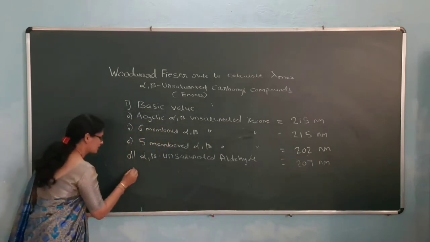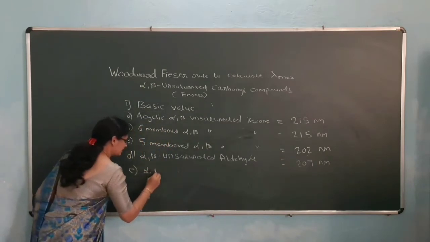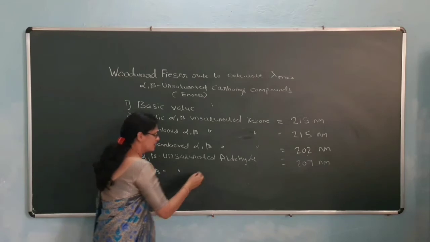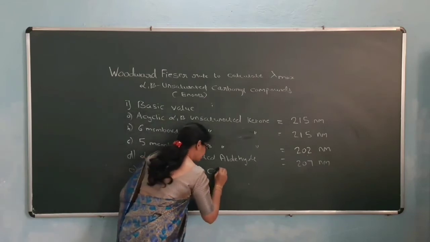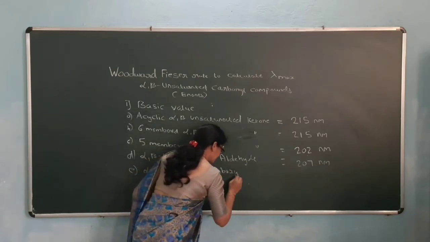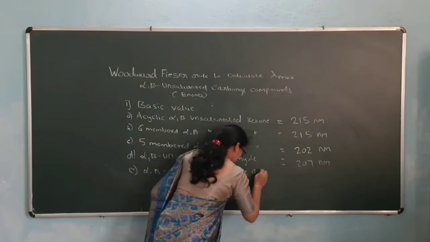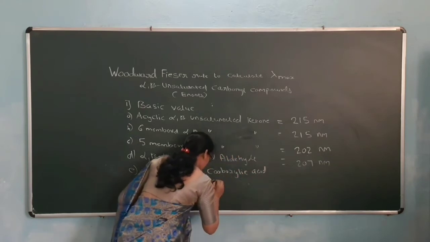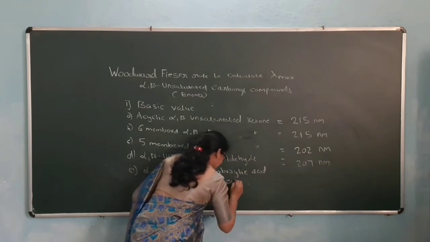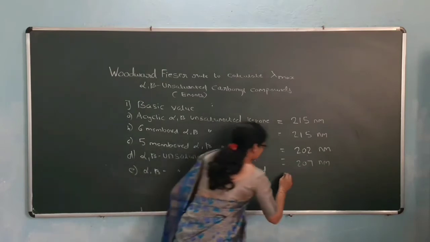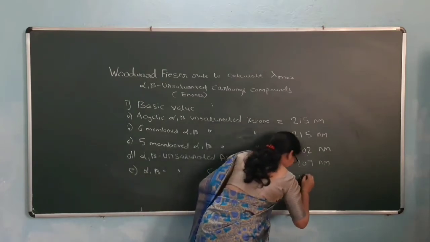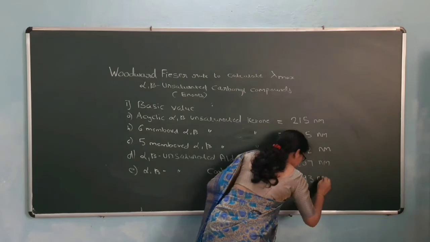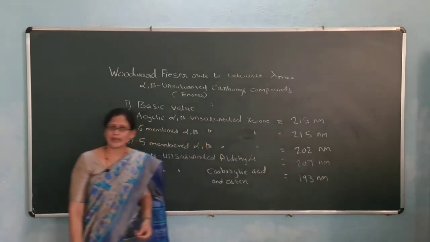The last one, if it is an alpha beta unsaturated carboxylic acid and esters, the value is 193 nanometer. In some books they have given 195.